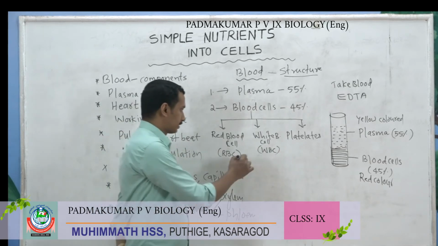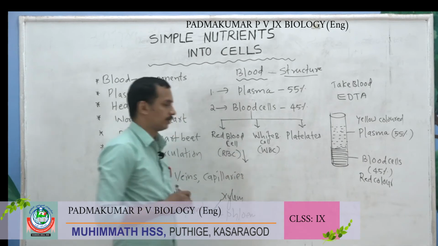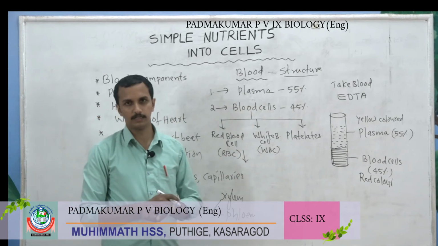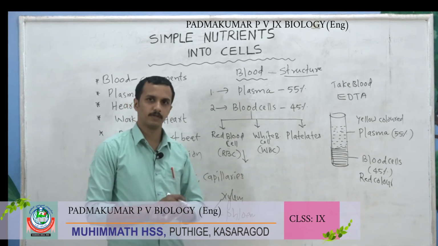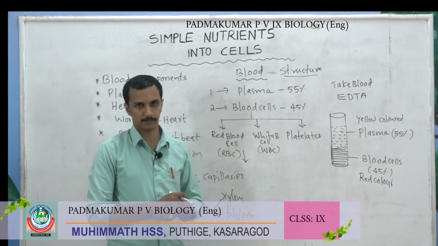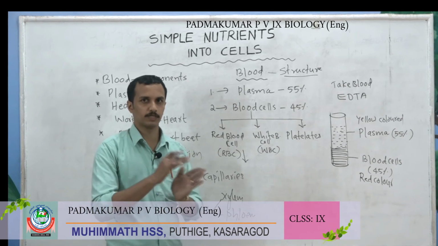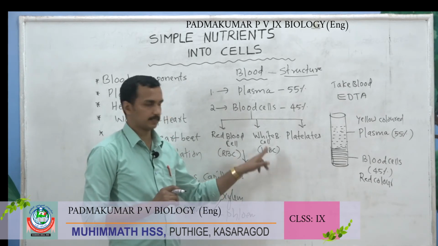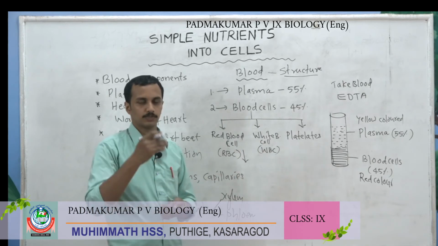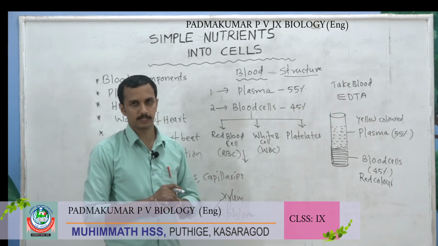So what are the functions performed by RBC or red blood cell? The main function of RBC is transport of oxygen to tissues or cells. And our WBC, that is white blood cell, is associated with defense mechanism.